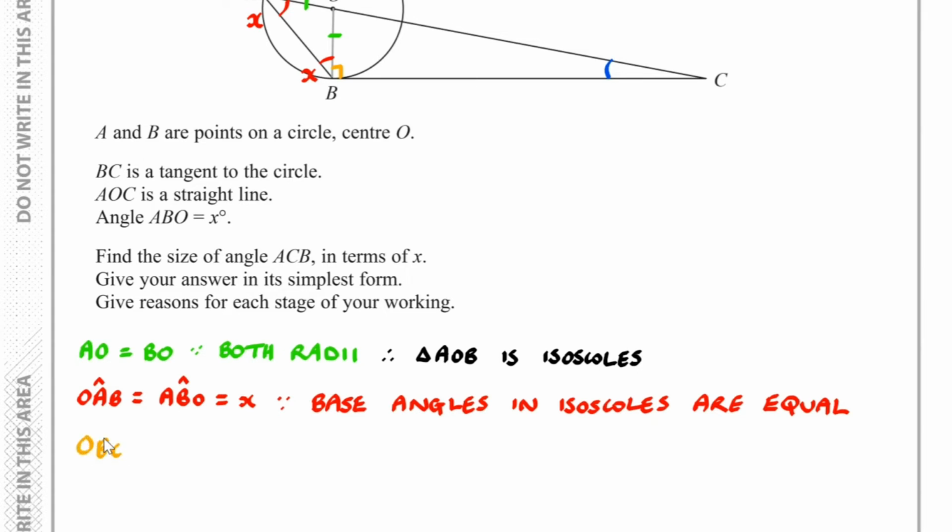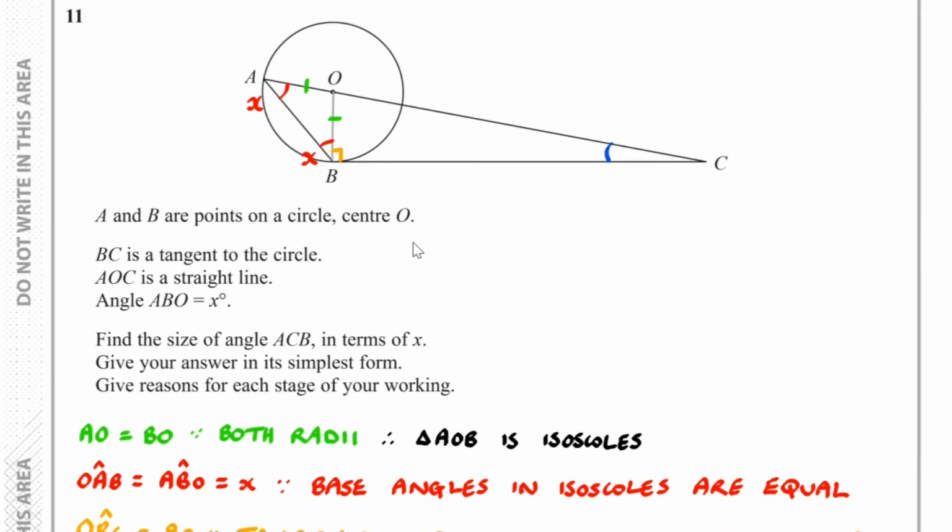The angle OBC is equal to 90 degrees, and the reason for that is the tangent meets the radius at right angles. OB is a radius, BC is a tangent, they meet at right angles, so the angle here is 90 degrees.